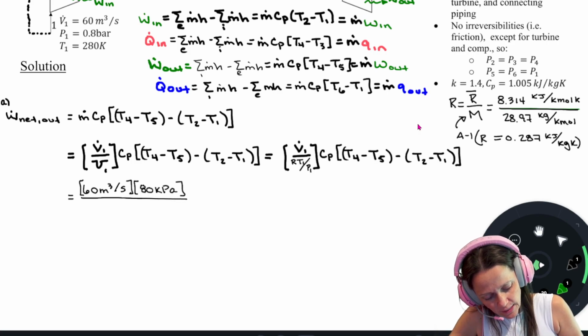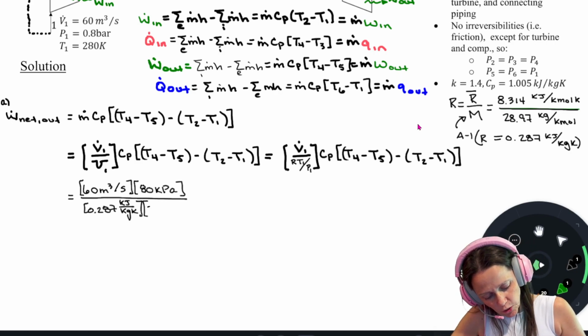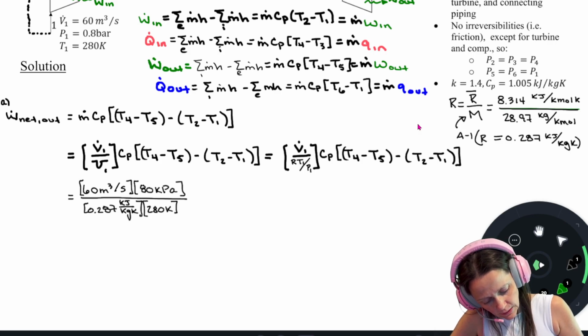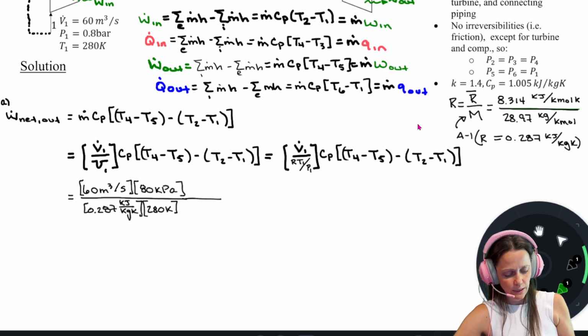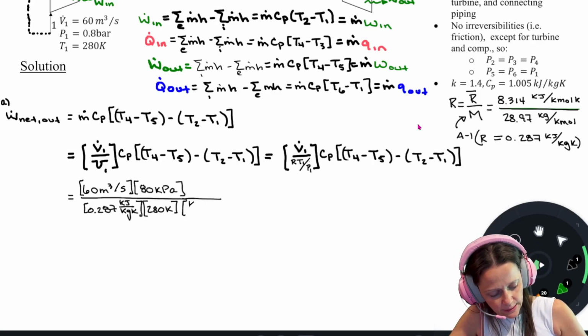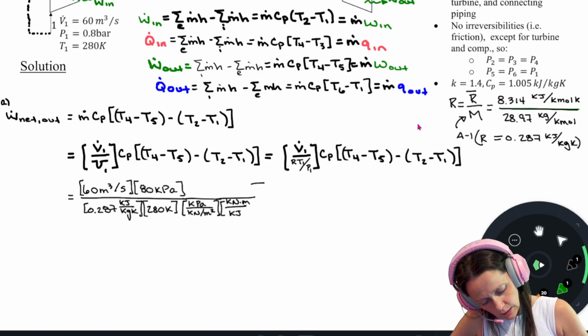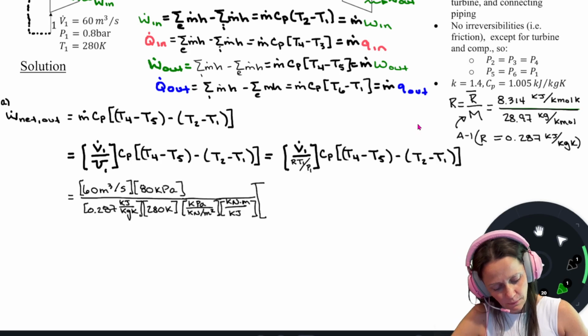And then your specific gas constant, 0.287 kilojoules per kilogram K, and then your temperature at state 1, 280 Kelvin. You can reason out why the units are going to work out. A kilopascal is a kilonewton per meter squared, and a kilojoule is a kilonewton meter.